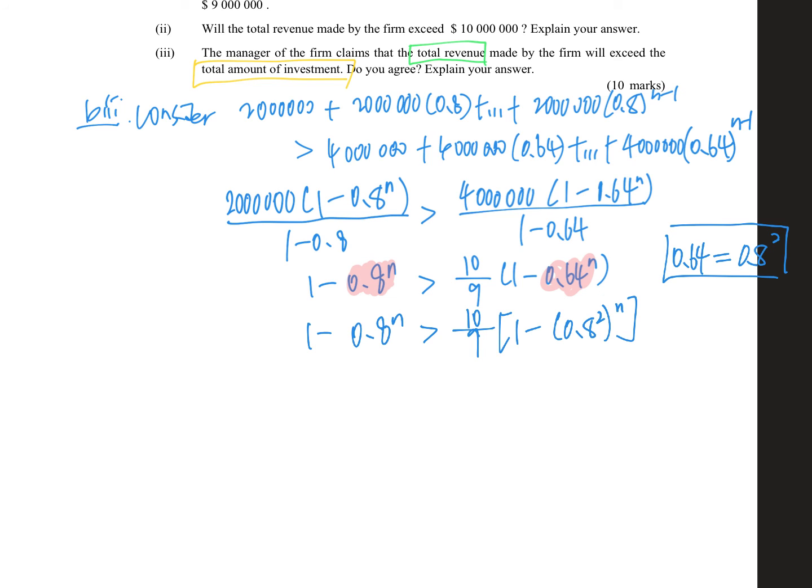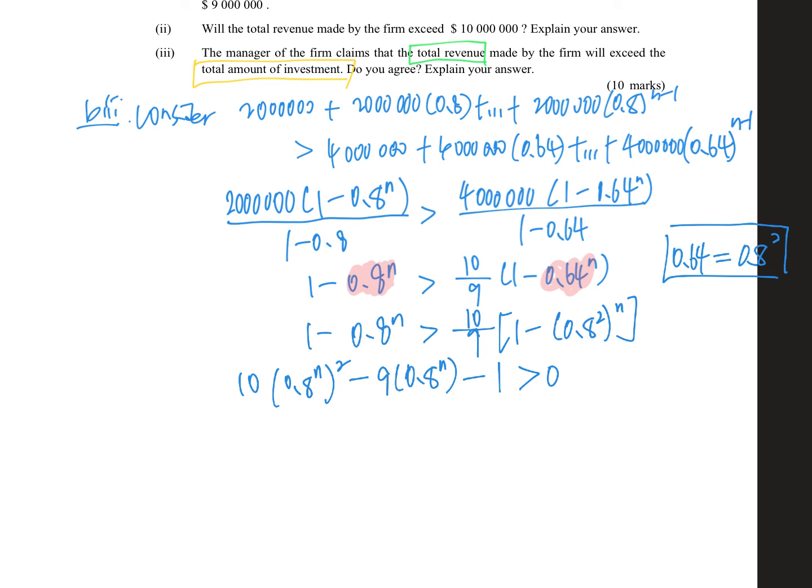With this kind of insight, this inequality is actually a quadratic inequality. So we put everything on the left-hand side, with the right-hand side equal to 0. That would be 10 times (0.8 to the power of n) squared, minus 9 times 0.8 to the power of n, minus 1 bigger than 0.